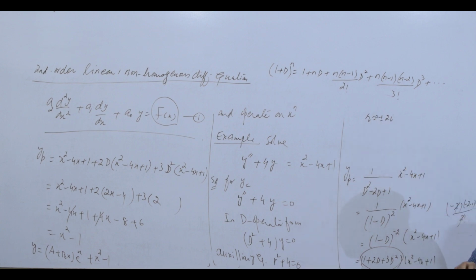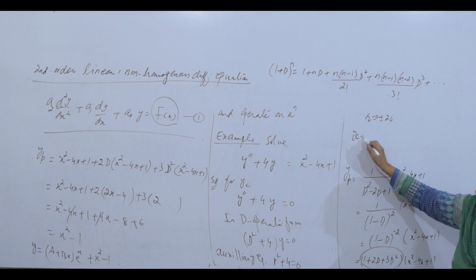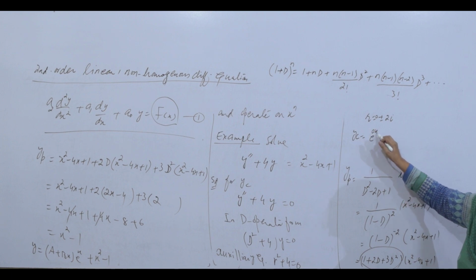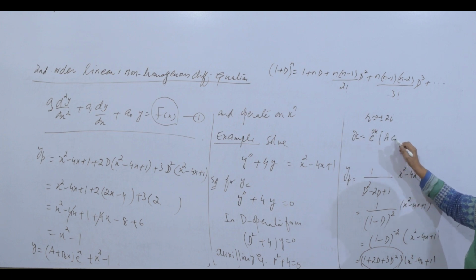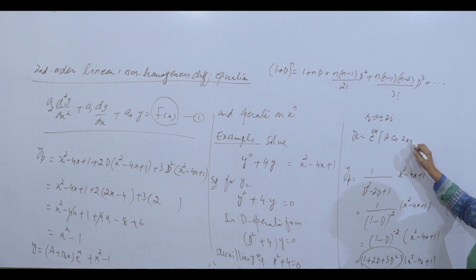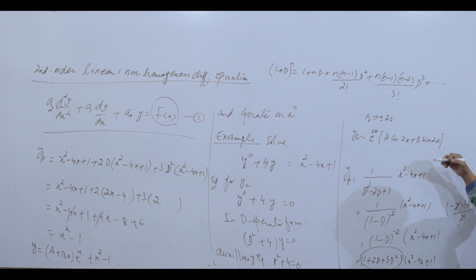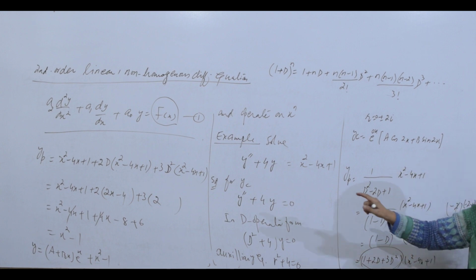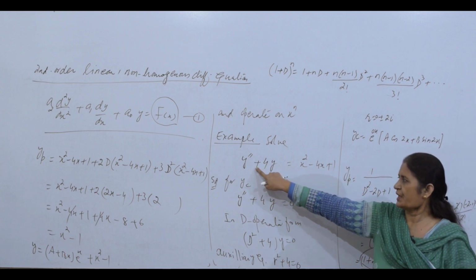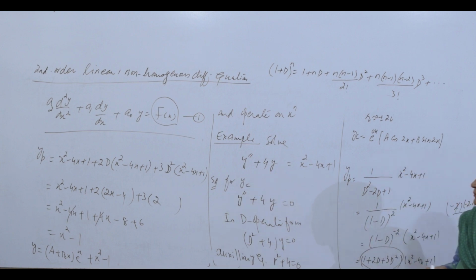These are the roots. So yc will be e to the alpha x, which is 0x, a cos beta x, 2x, plus b sin 2x. This is your yc because I have changed the second question, and I am telling you one thing in it.